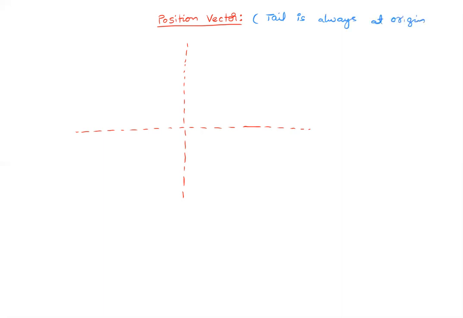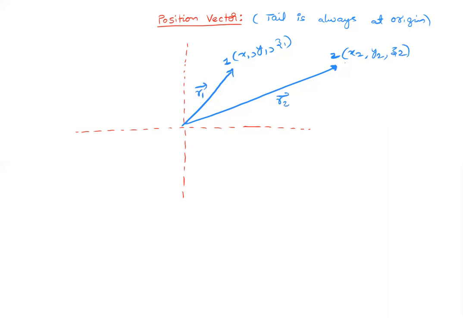Okay, so if you have point 1 whose coordinates are x1 y1 z1, and one more point 2 whose coordinates are x2 y2 z2, as I have shown you clearly in the introduction video, if this is r1 bar and this is r2 bar, the position vector of 1 is r1 bar is equal to x1 I cap plus y1 j cap plus z1 k cap, because the other coordinates are at origin.